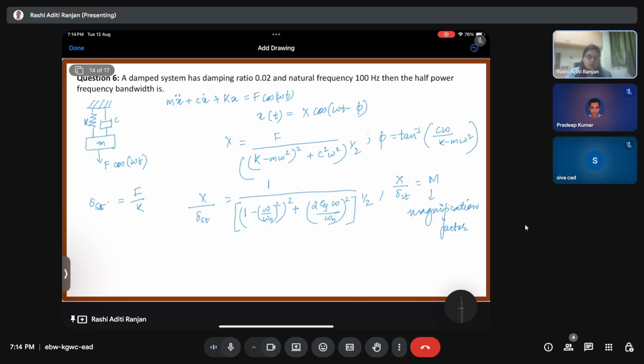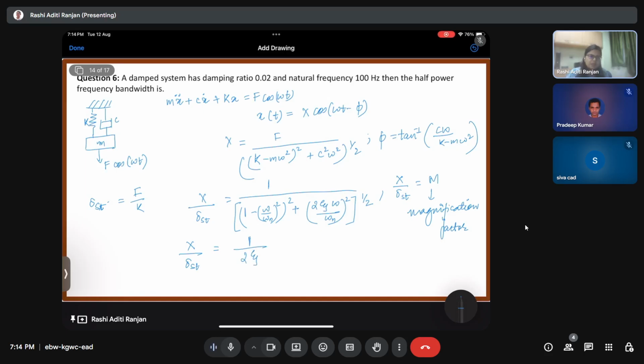Now for this, if I take ω equal to ωn, what is going to happen? I'm going to get X by delta st as what? If I put ω equal to ωn, the first term will become 0 and the second one will have only 2η, and the square and 1 by 2 will cancel, so I get 1 by 2η.